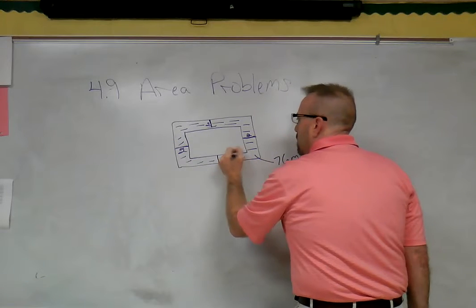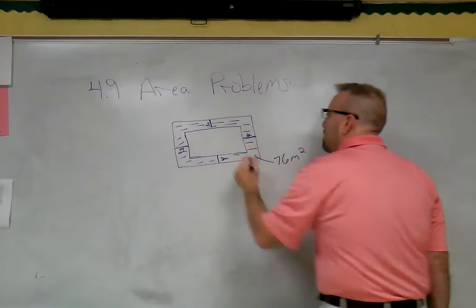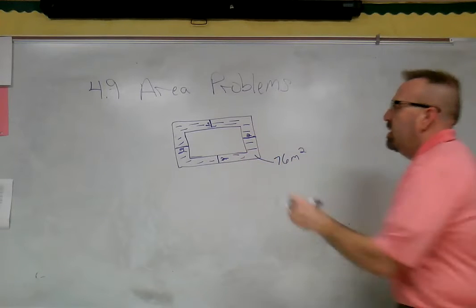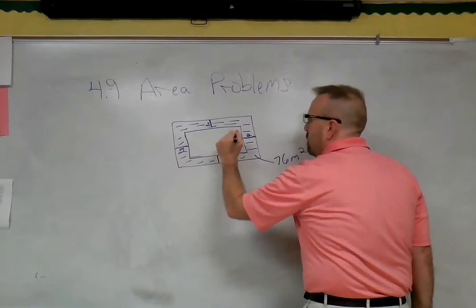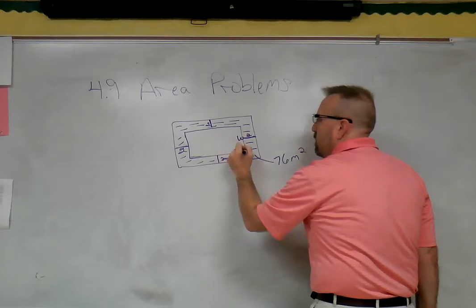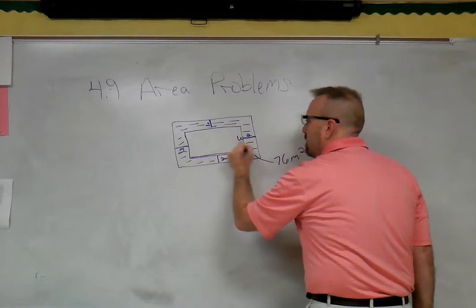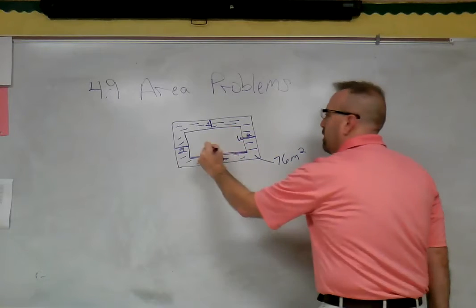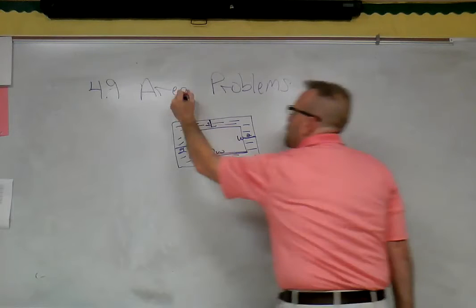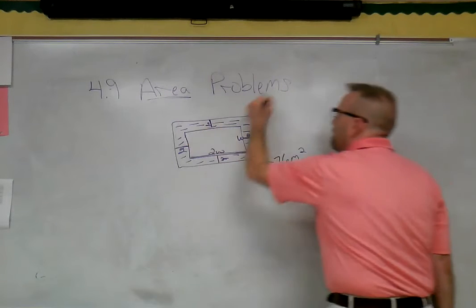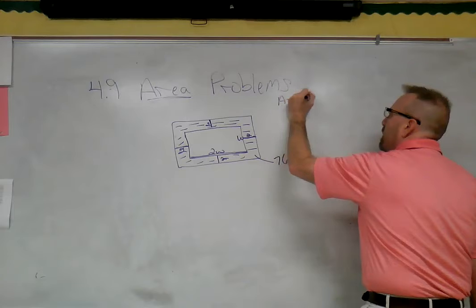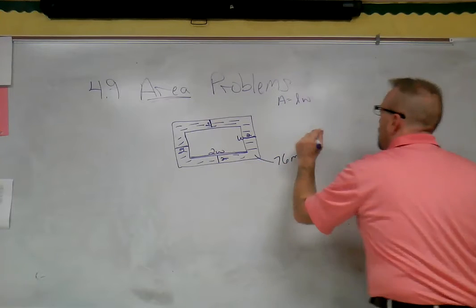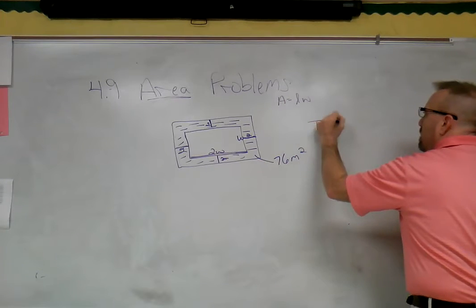Now, the only thing they tell us about the pond is it's twice as long as it is wide. So if this is W, how long is it? 2W. And we're going back to area. Area is length times width. So let's start with the total area.